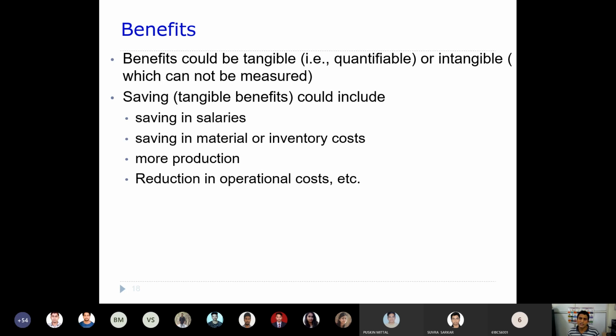Saving in salaries. Let's say for example, in the manual existing system you employed 5 people to carry out those activities.